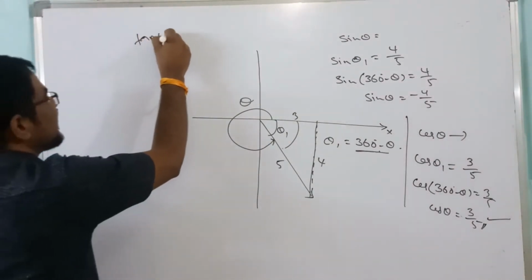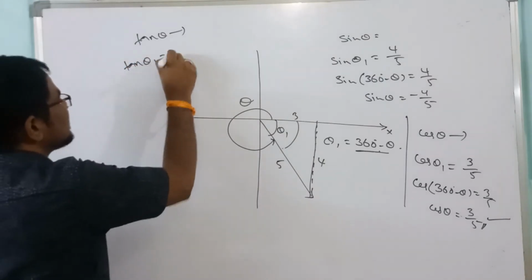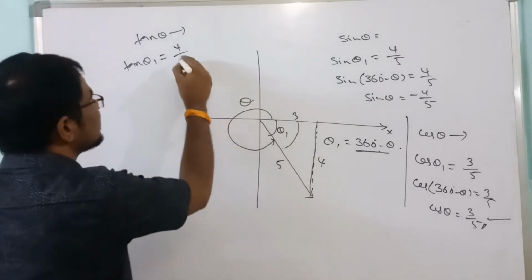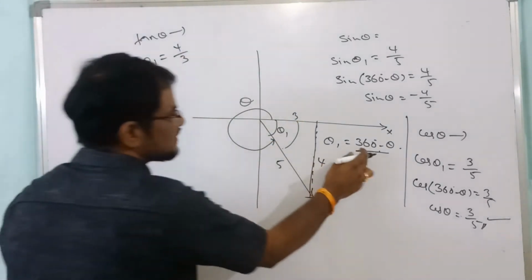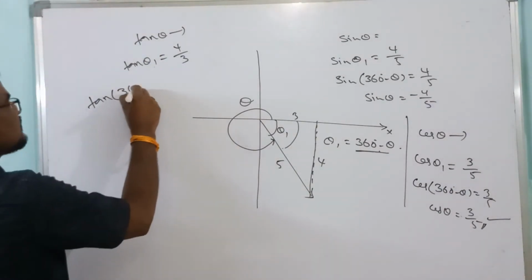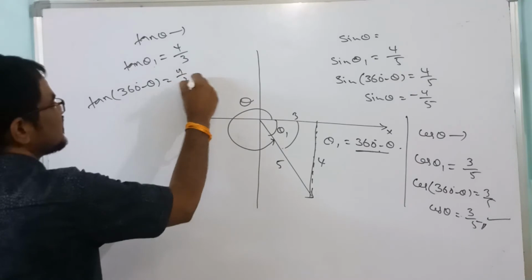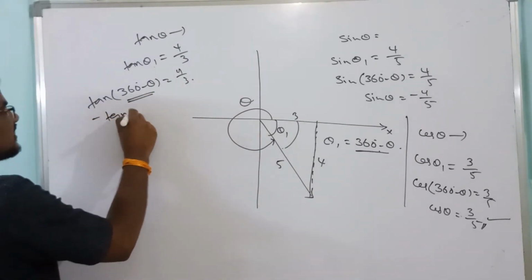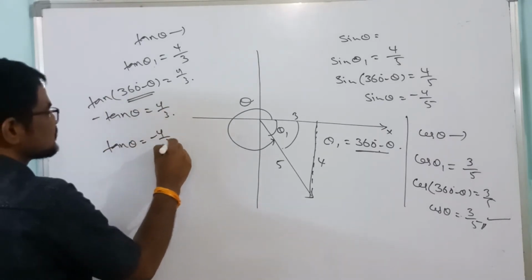Similarly, if you want to find tan theta, we have to use the reference angle: opposite side 4, adjacent side 3, but the reference angle theta 1 is replaced by 360 minus theta, so that is 4 by 3. In the fourth quadrant, tan is negative, so minus tan theta equals 4 by 3. So tan theta equals minus 4 by 3.